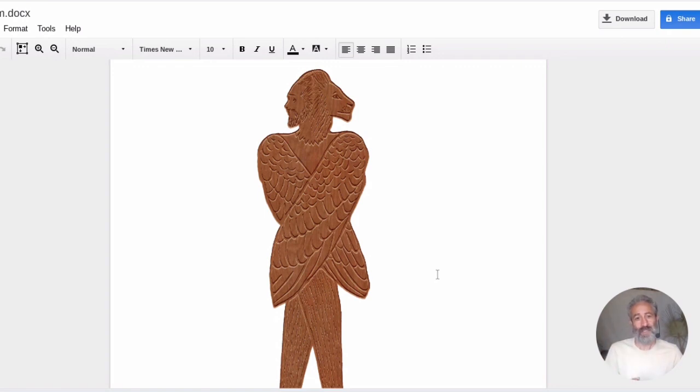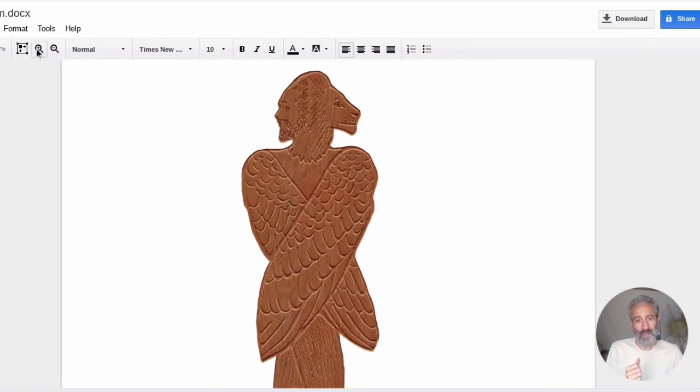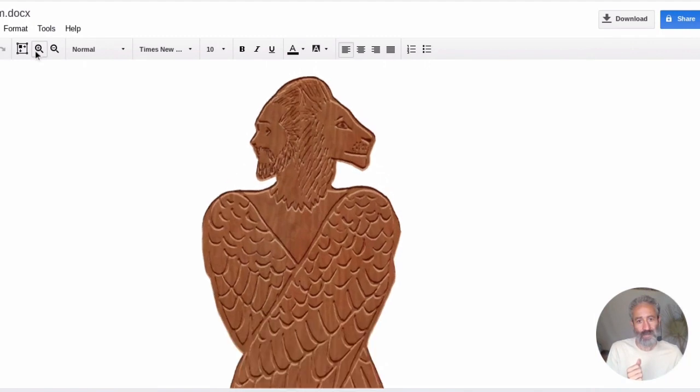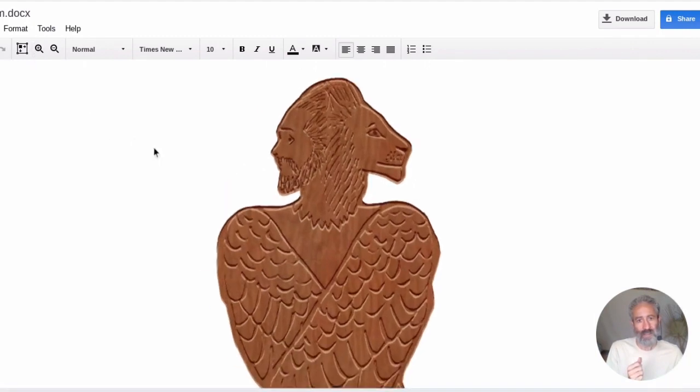So this, of course, is the cherub that's in the holy place. You don't see the wings extended. But now you can see our drawing, and it looks as if it's been carved. We have a piece of wood, and it looks like it's been etched.